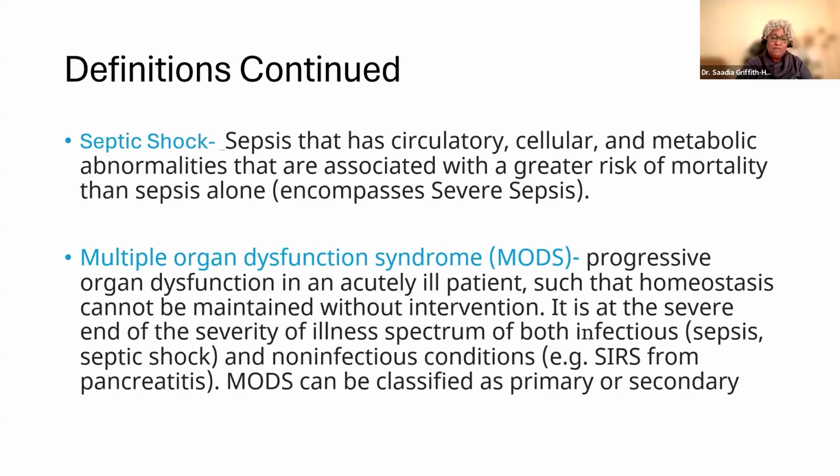As I said, it is the severe end of that illness spectrum from both infectious and non-infectious conditions. They talk about MODS as being primary or secondary, and certainly secondary MODS can be a result of having sepsis, bacterial, fungal, viral, etc. So again, a lot of terms along this continuum.